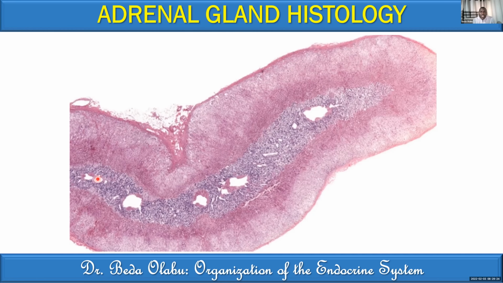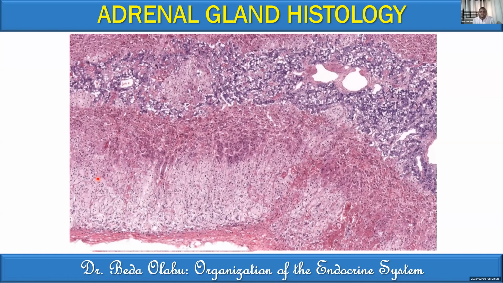A higher magnification of the medulla displays to you that the cells of the adrenal medulla exist more in the form of a cluster, just a cluster of cells, as opposed to the cortex. Look at that zone where the cells appear to exist in cords.